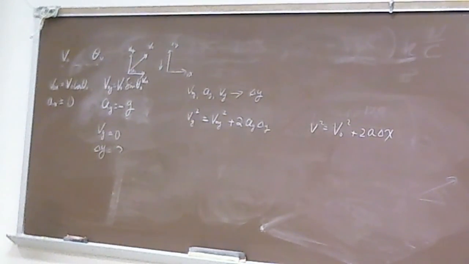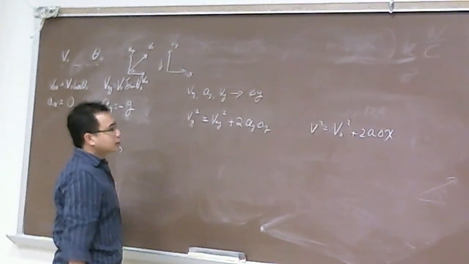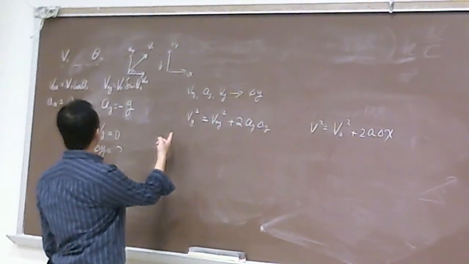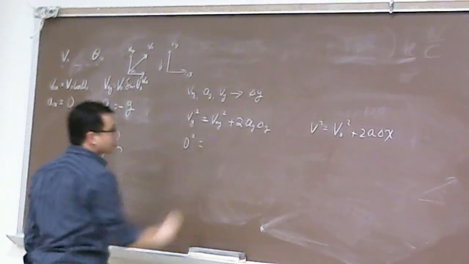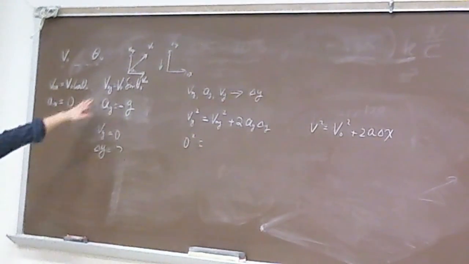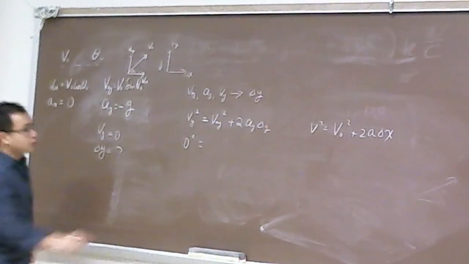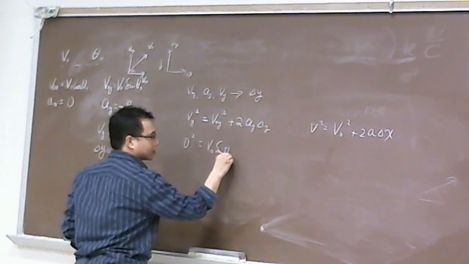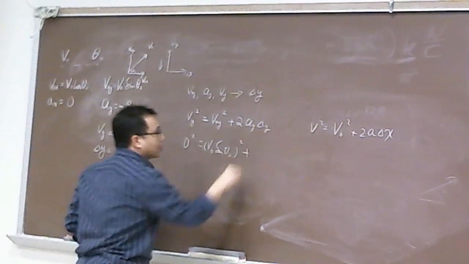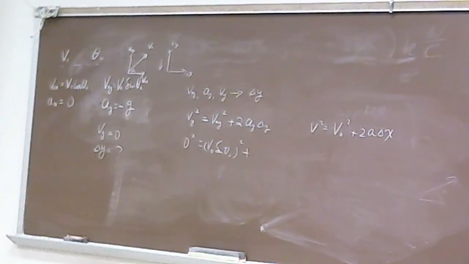So, now with this one, if you put in the numbers, Vy equals 0, so 0 squared equals, V naught y equals V naught sine theta naught, squared, plus 2 ay.